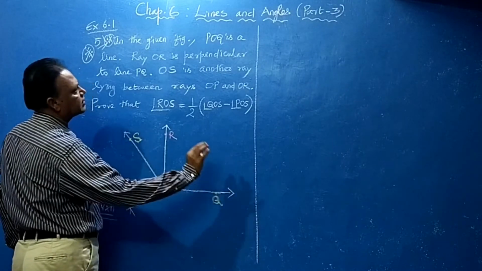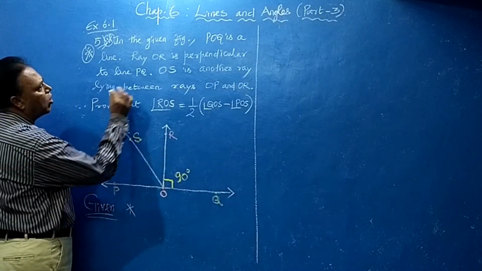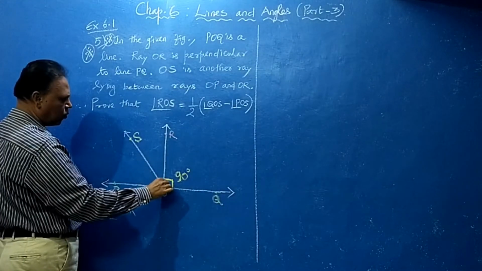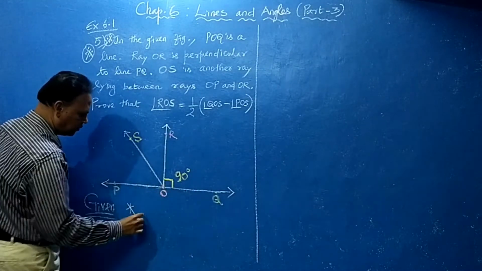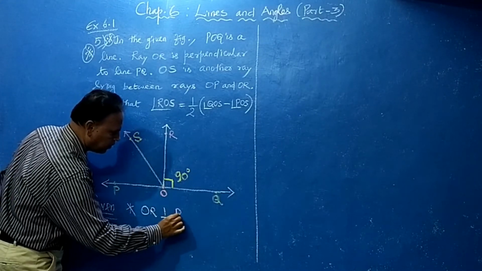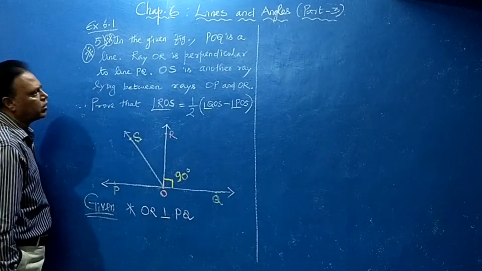POQ is a line. Then OR is perpendicular to PQ. That is given.